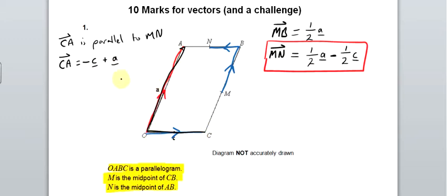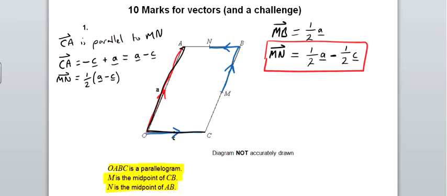Now, you can see that MN is equal to, and I'm going to take the half out of here, a half brackets A minus C, and you can see that CA is actually the same as A minus C. I've just rearranged the signs. Notice it's still a minus C and a plus A. I've just turned them round.